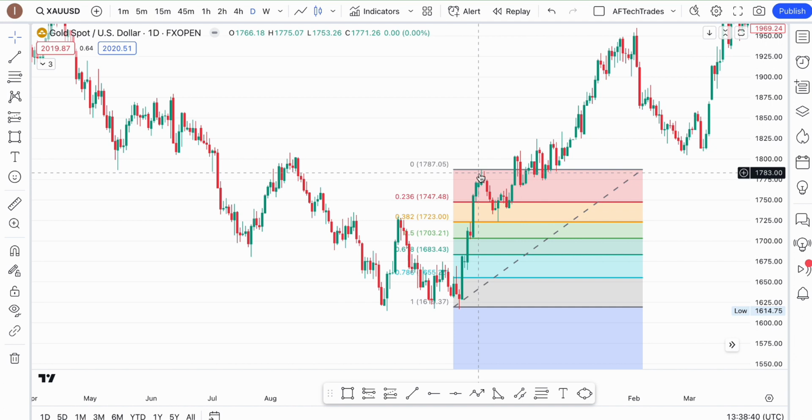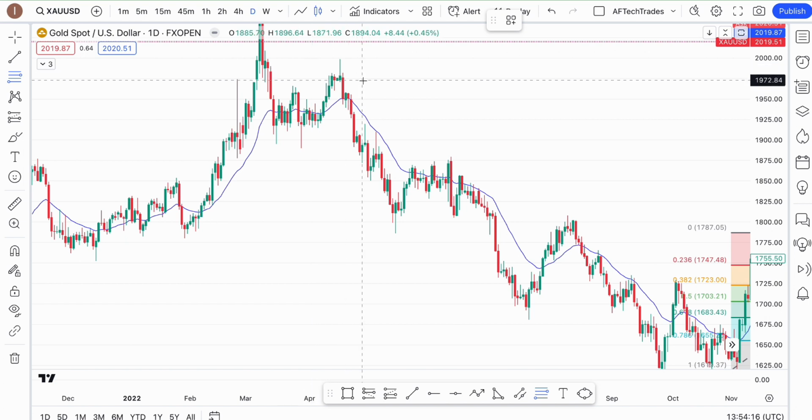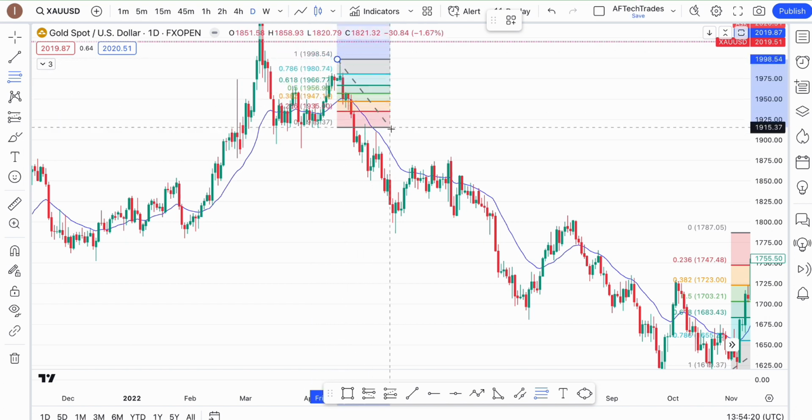So similarly, in a downtrend, let's look for a downtrend example. In a downtrend movement, you pull out your Fibonacci retracement tool, right? You put it in your recent swing high. Where is our recent swing high? This, right? I like putting it from the wicks.